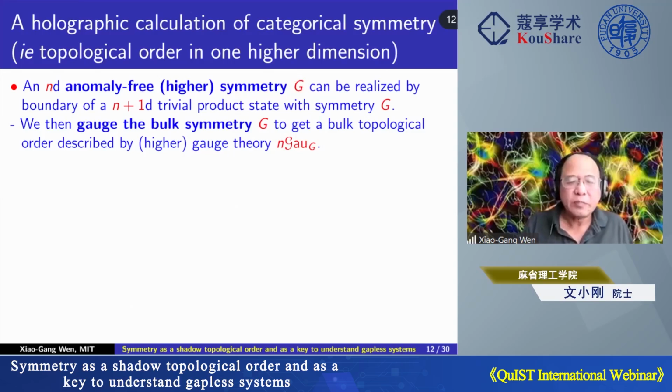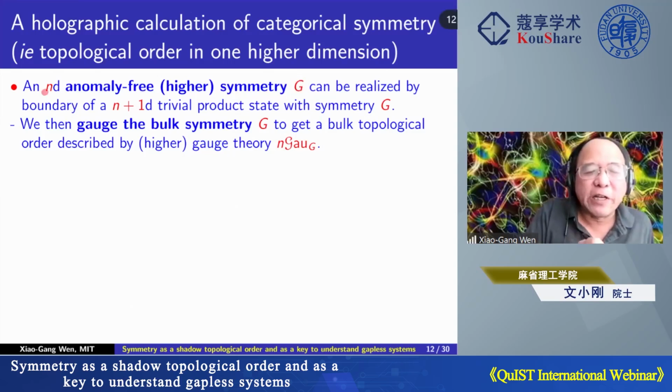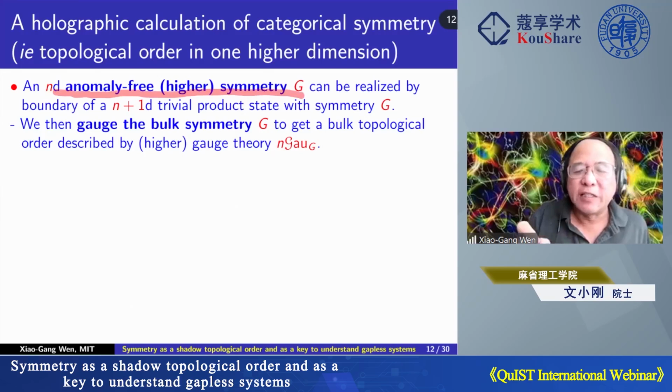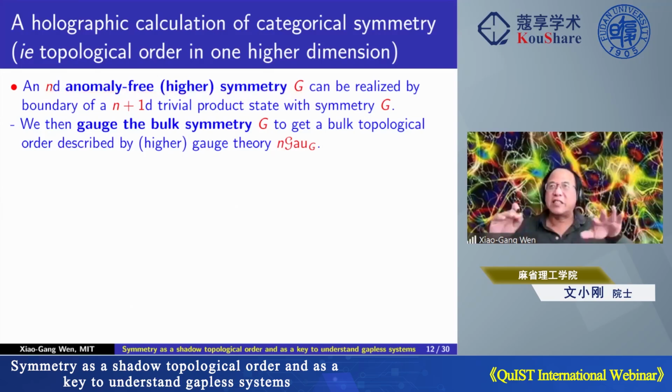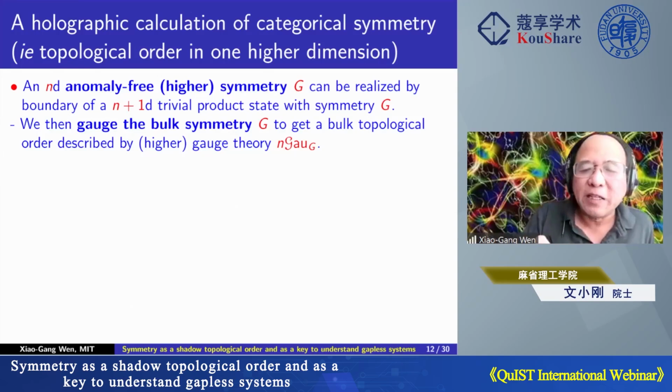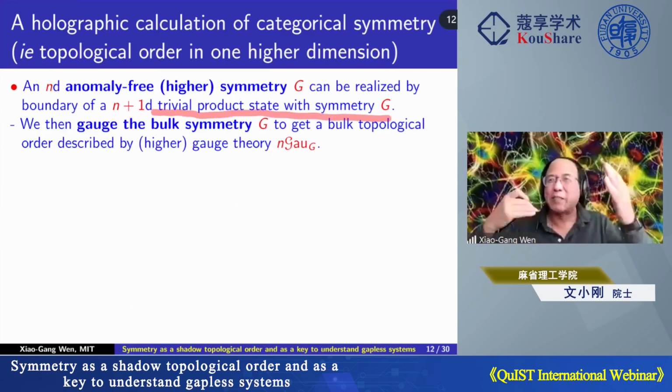Okay. Then we know that for the anomaly-free symmetry, this symmetry can be realized by a product state with symmetry. Okay, and this product state with symmetry can be viewed as a boundary of a one higher dimensional trivial product state, because for a product state it doesn't matter which dimension.